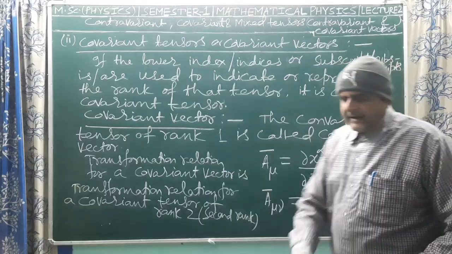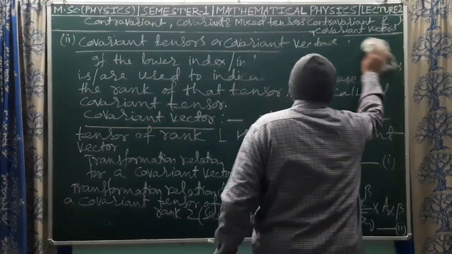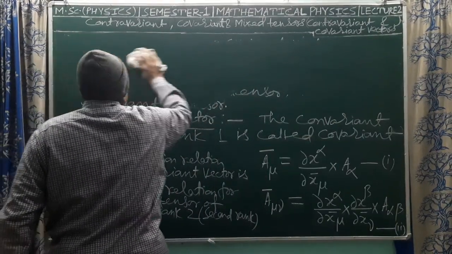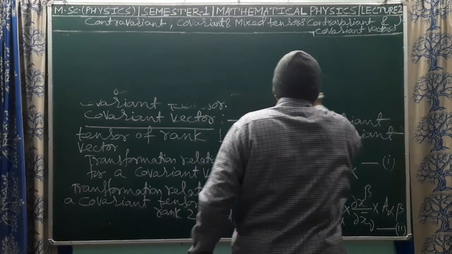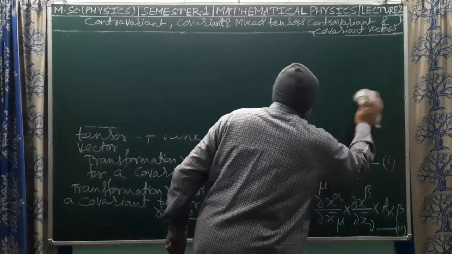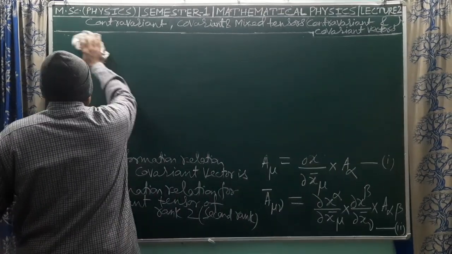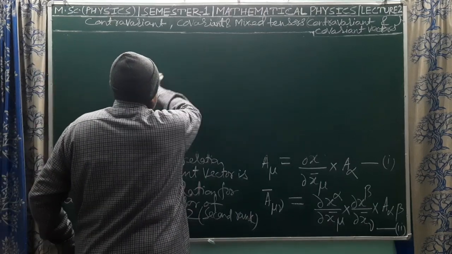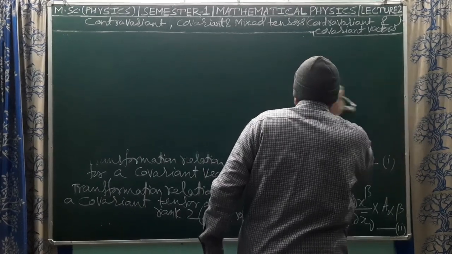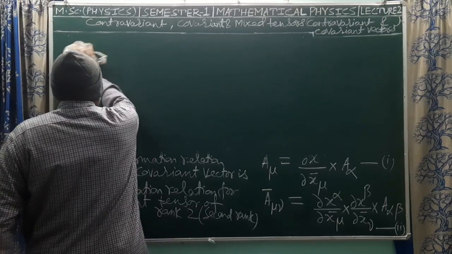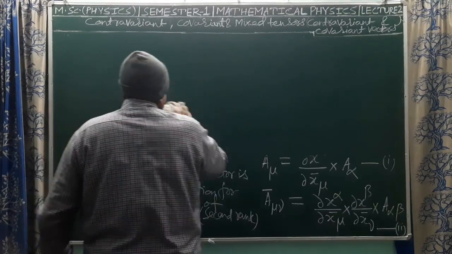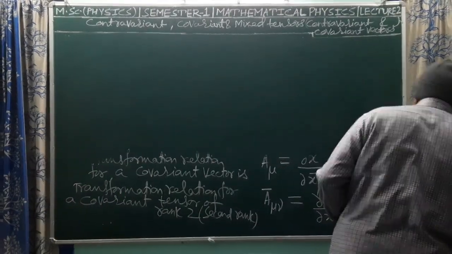Now, in the last we have to discuss the mixed tensor. In a mixed tensor, upper and lower indices both are used. That is, superscript and subscript indices are used to represent a mixed tensor or to indicate the rank of the tensor.